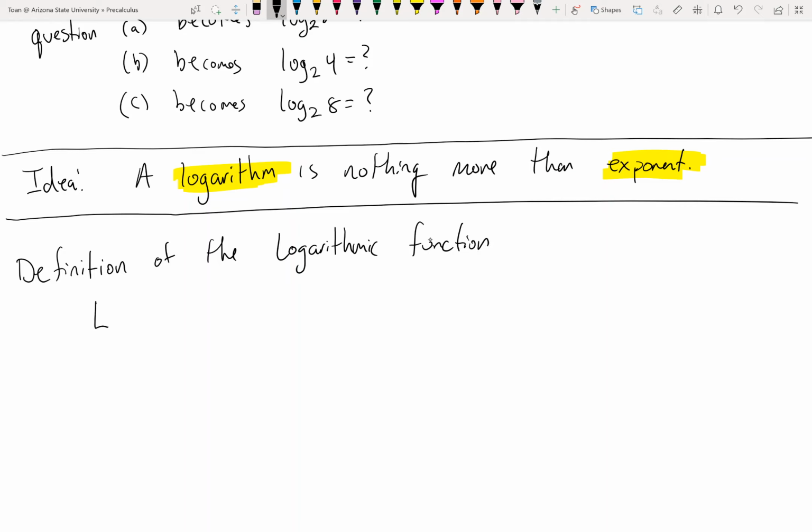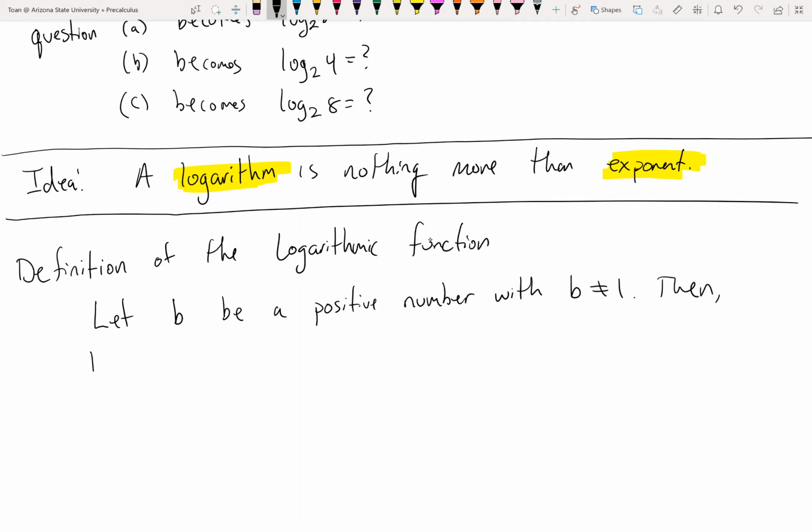Here's the definition. Let b be a positive number with b not equaling 1, because again, it's really boring if the base is 1.